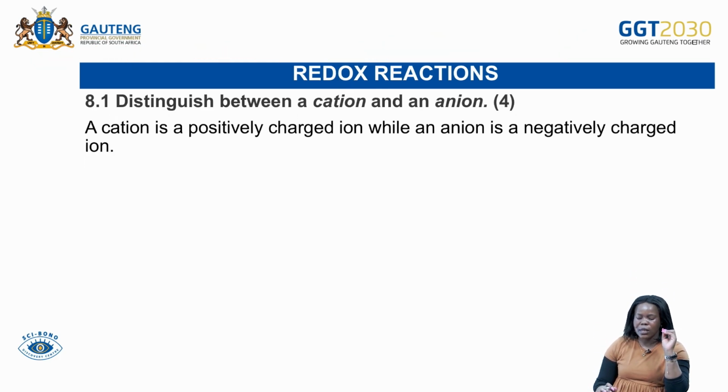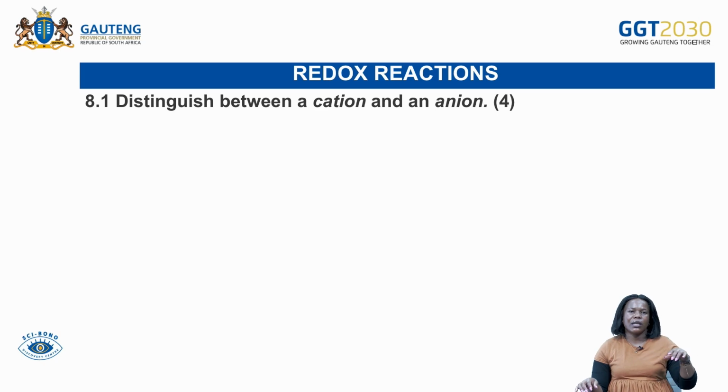So let's take a quick look at the questions that are possible that you can be asked. Having looked at the new information, incorporated with the information we've learned in grade 10, what is it that we should know? This is taken from the previous question papers. It says distinguish between cation and anion.